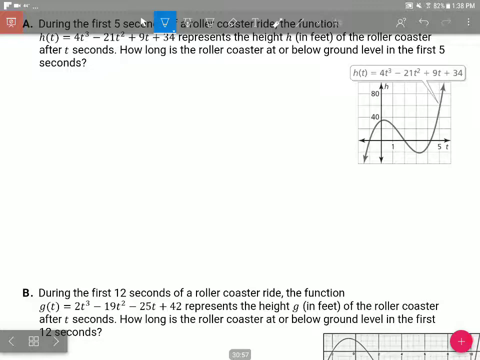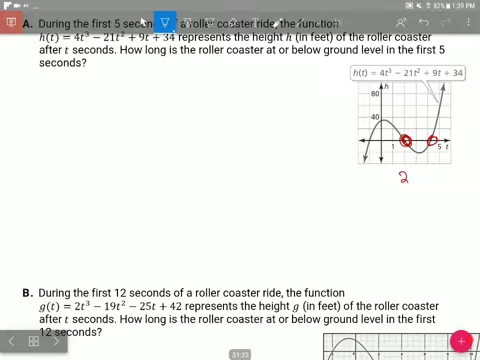We want to know, what is the distance from this point to that point? Well, do we know this point? It is right on 2. Do we know this point? Is it right on the 4? It's 4 point something, so we don't really know.